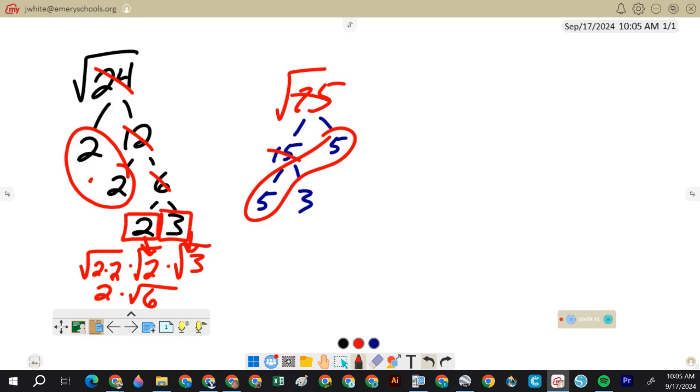For every circle, you write that number on the outside. So if I circle a pair of 5's, I write a 5 on the outside. And then square root. Anything that doesn't get circled goes on the inside. 5 root 3. Does that make sense? Have you guys seen this before? Some of you have? Okay.